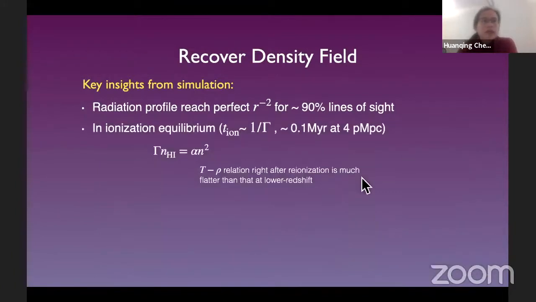The second thing is that the ionization equilibrium timescale inside the proximity zone is very short. So we can write down this equation. The ionization rate Gamma is inversely proportional to r squared, and alpha, the recombination rate, is only a weak function of temperature.